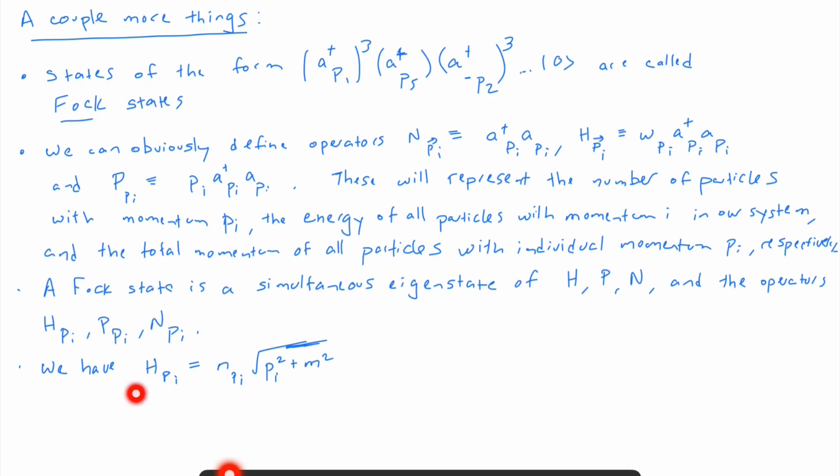And with this particular relationship, you can break it up into subparticles, and you'll always find that the energy of that particular subparticle population, if you just look at the energy of particles that have momentum pi, you will get this formula: square root of pi squared plus m squared, times however many particles you have, the number operator N_pi. So if you just follow the math, this is what you'll get for these sub-operators, this basic relationship.